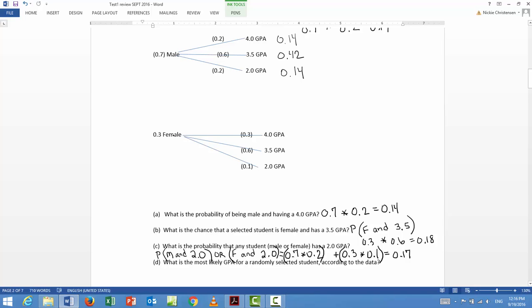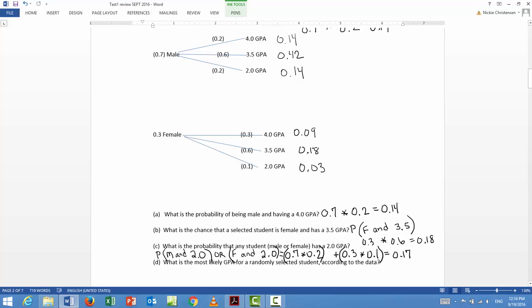Probability of female with a 4-point is 0.3 times 0.3, which gives us 0.09. Female with a 3.5 GPA, 0.3 times 0.6, which gives us 0.18. And female with a 2-point was 0.3 times 0.1, which is 0.03.